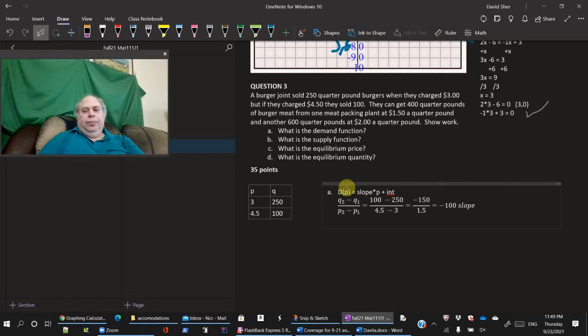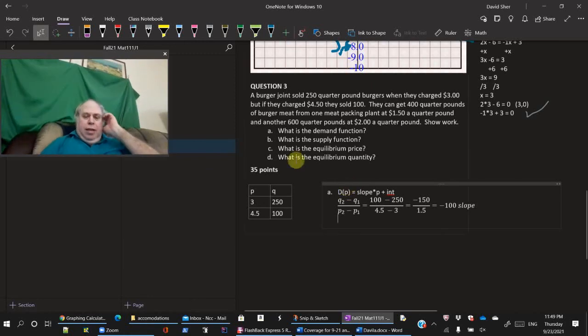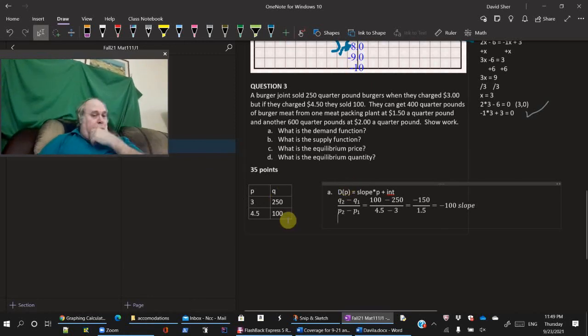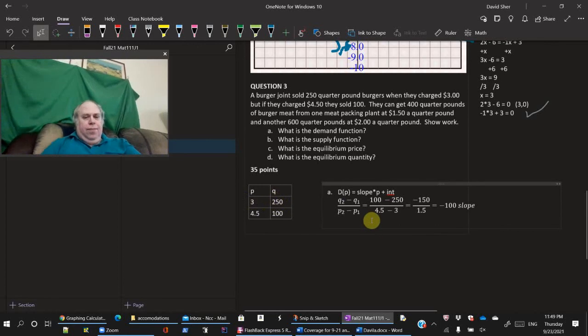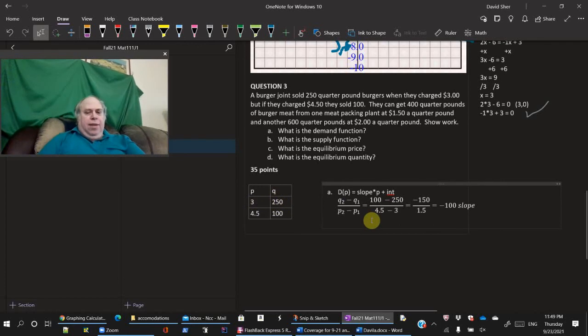Now I know the slope. Each of these quantities is the demand, so I'm going to pick the first one, the demand when it's $3. So 250 is going to equal negative 100 times the price, $3, plus the intercept.